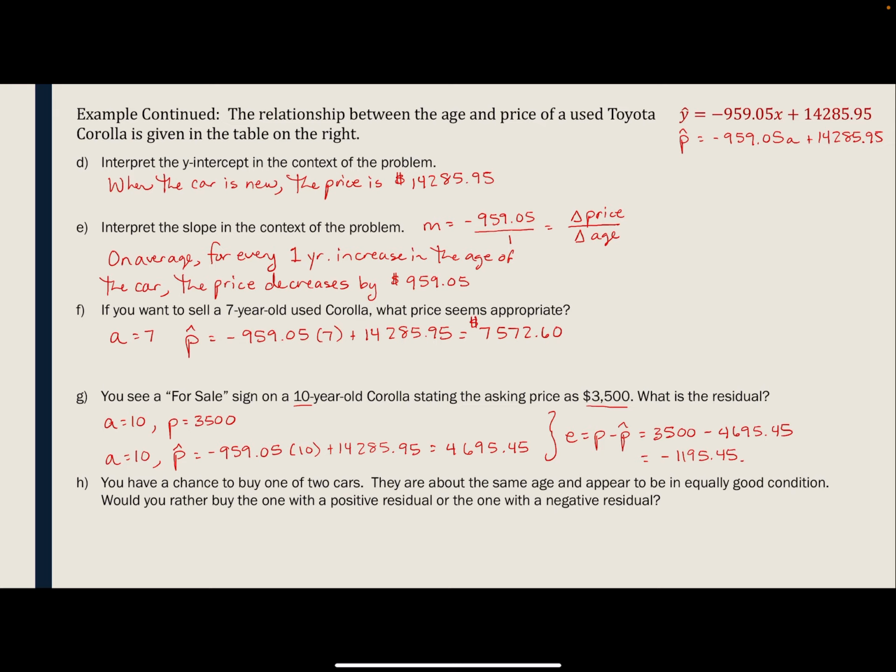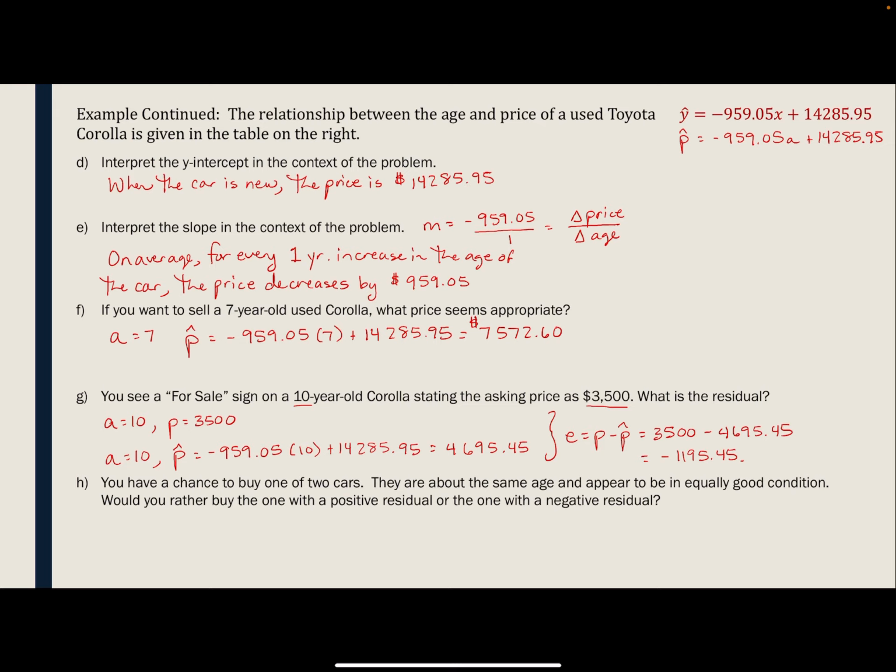Part H says you have the chance to buy one of 2 cars. They're about the same age and appear to be in equally good condition. Would you rather buy the one with a positive residual or one with a negative residual? Remember, if it's a positive residual, then the observed value is above the predicted value, the point is above the line. That would mean you're paying more than what's predicted.